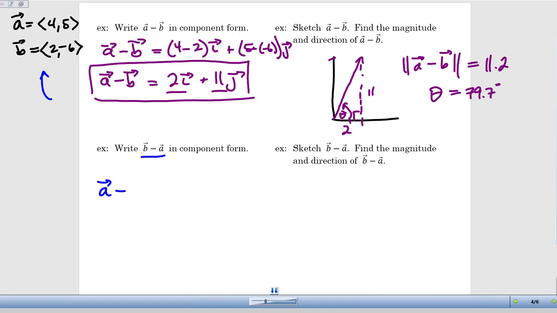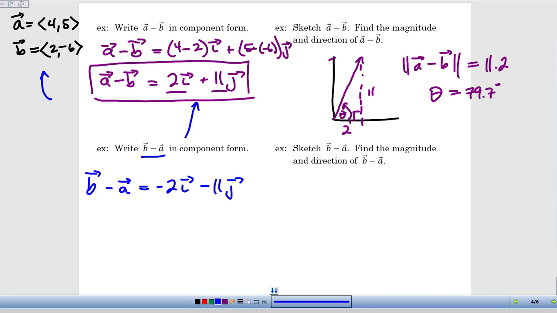Oops, we want b minus a equals, so 2 minus 4 gives us negative 2i, and then negative 6 minus 5 gives us negative 11j. And again, we could have just gone back to this answer here and known that if we're reversing the order of the subtraction, that we're going to get the opposite answer. So we could just multiply everything by negative 1. So whatever approach we take, we're going to get to the same place.